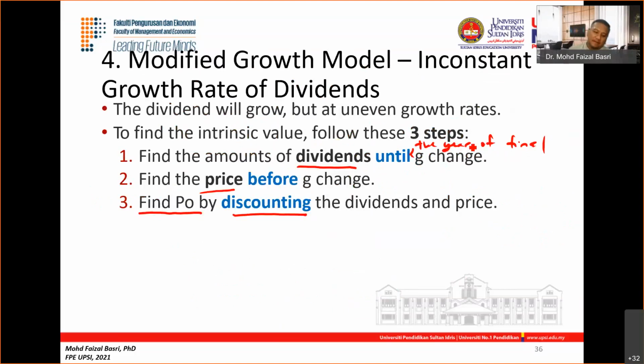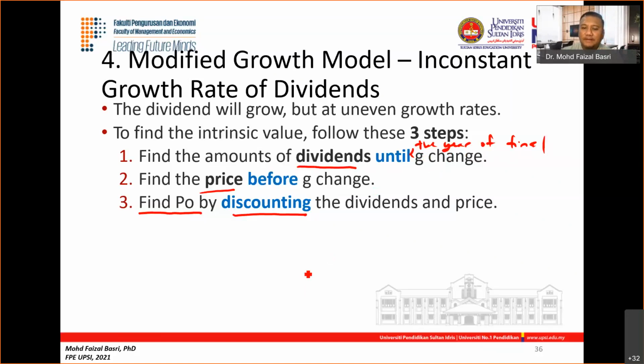So meaning, like I said, when we talk about multiple growth model, the growth rate G can change multiple times, at least once from the first growth until the second growth. Whatever it is, we're going to find the dividends until the final year of the G change.